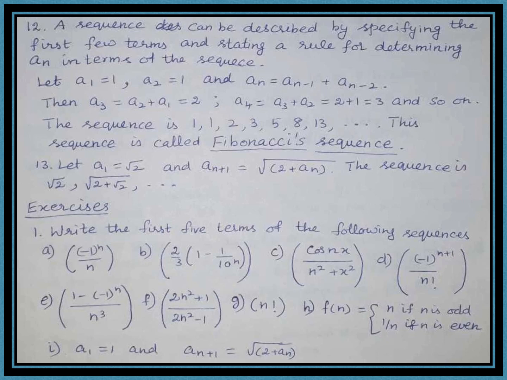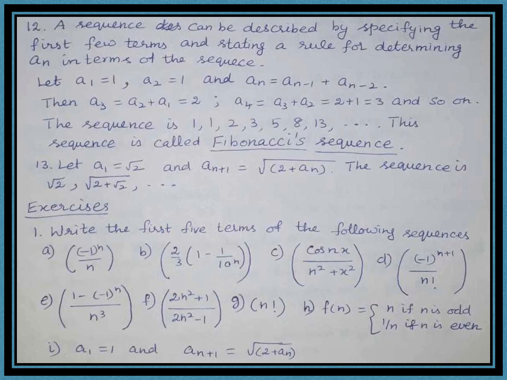Now this exercise is left to you. Let us have a brief discussion on what is to be done in this exercise. You have to find the first 5 terms of the following sequences. So you will take the values of n as 1, 2, 3, 4 and 5 and you will write the first term, second term, third term, fourth term and fifth term.